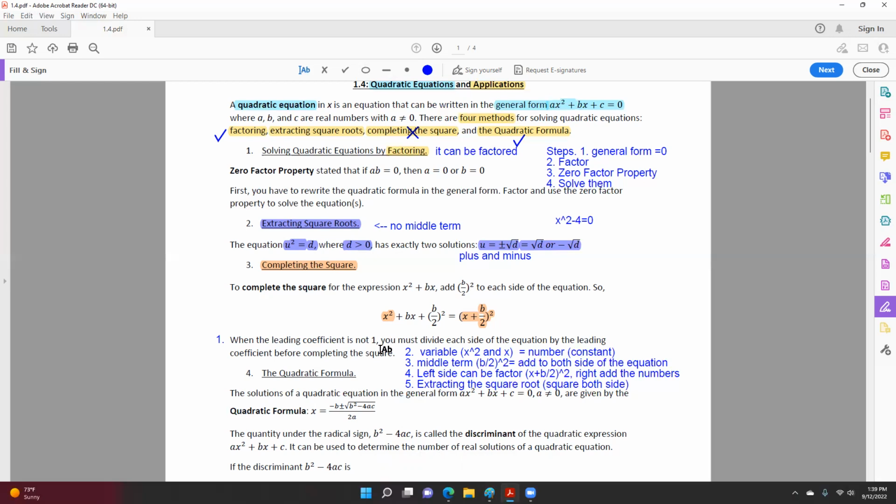I'm going to show you how to do completing the square here. And again, class, you do not need to worry about this much, because I will concentrate more on the quadratic formula here.